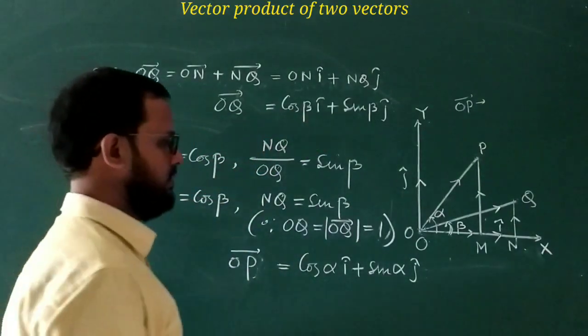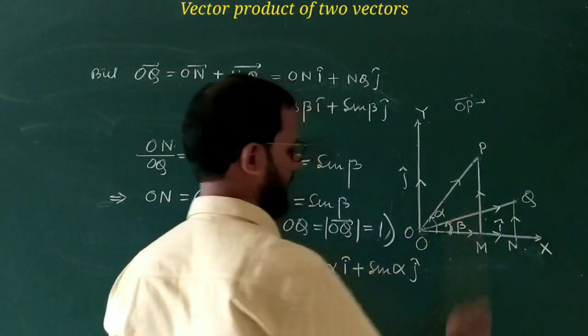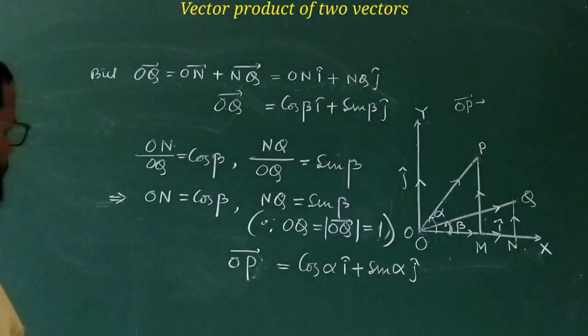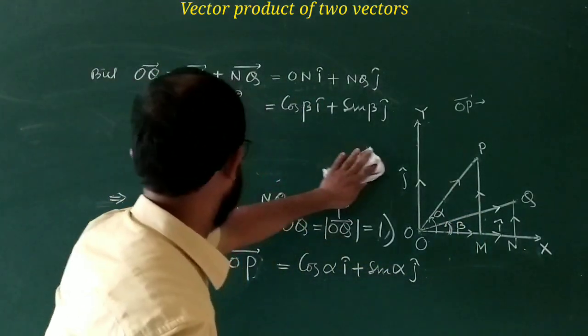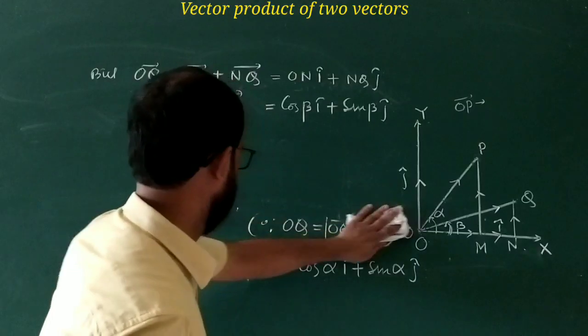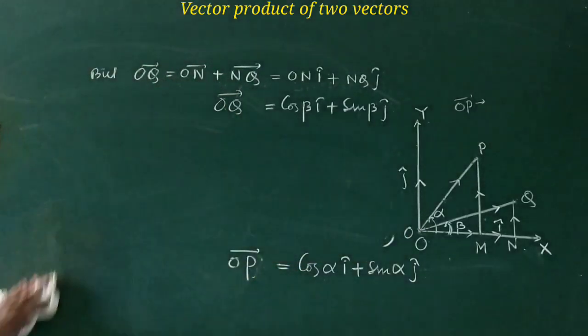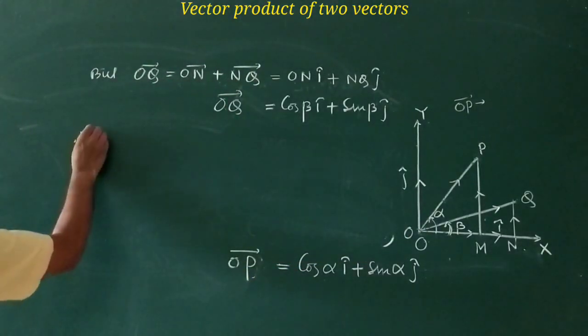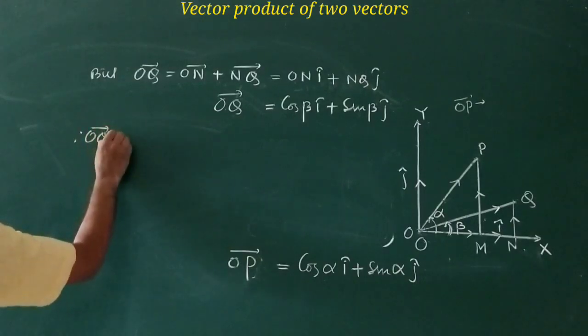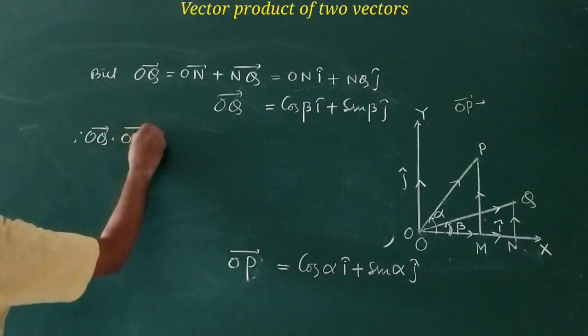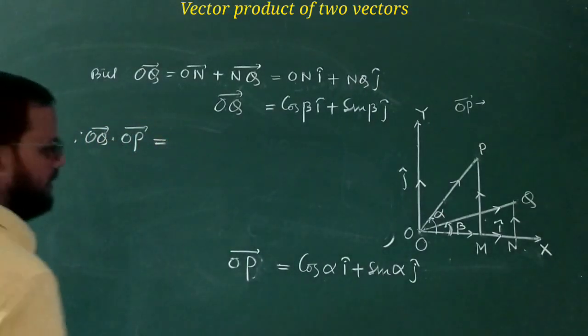Now दोनों वेक्टर के बीच एंगल क्या है? अल्फा माइनस बीटा. If you take the dot product between these two, therefore you can write OQ vector dot OP vector. OQ क्या है?